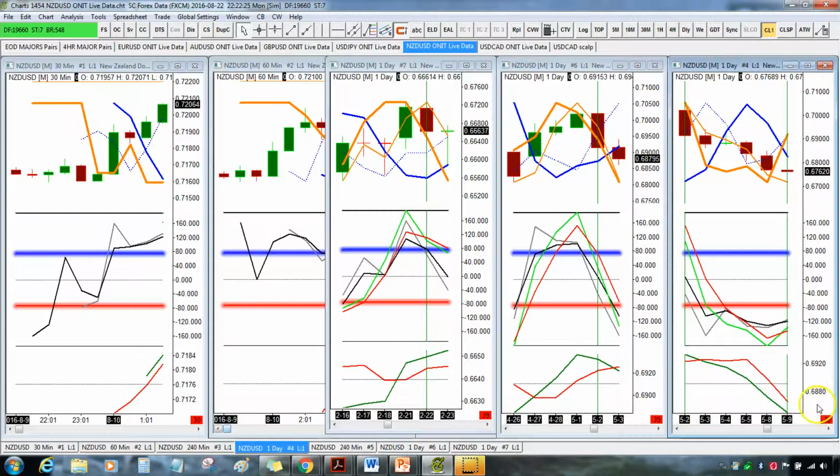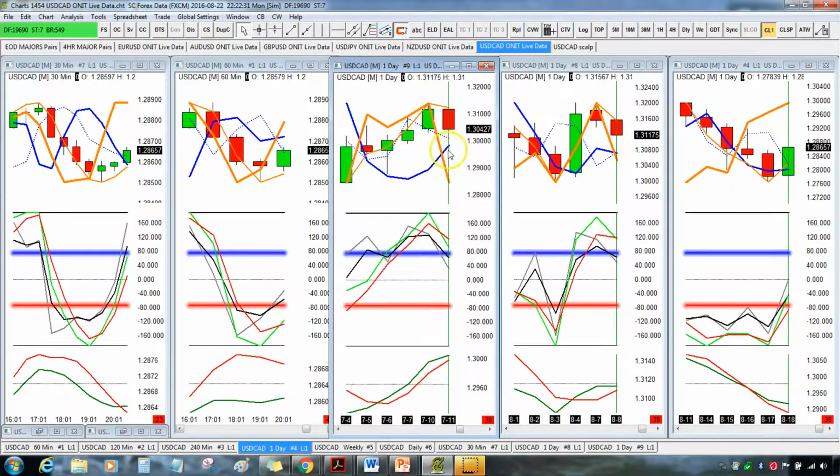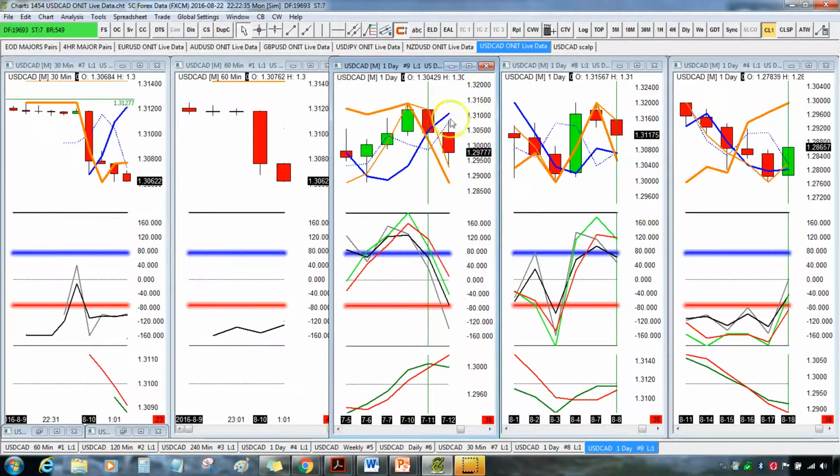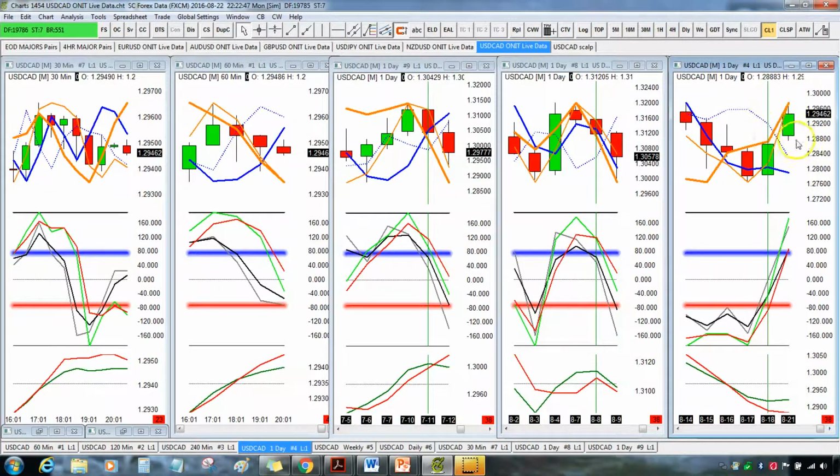There's another down move, and then here's an example of a buy and a great move up. Okay, so to finish things off here, here's the dollar CAD. Here's our sell signal right there. Great move to the downside, another winning trade. Here's another sell and another win, and then here's a great buy signal for us to go long, and sure enough, great move up for another winning trade.